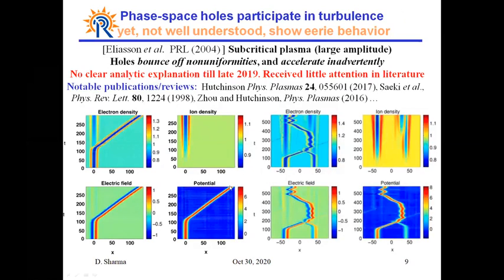Now another thing. Let me introduce this phase space hole acceleration problem. What I show is the results from a PRL paper by Eliasson et al. in 2004, where these holes were planted in the phase space and started from a very small velocity or almost no velocity.